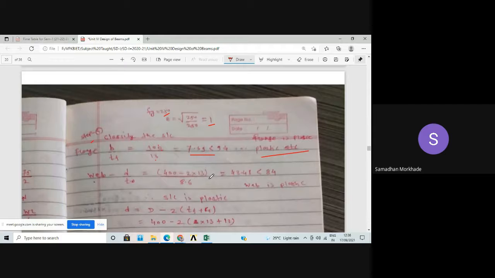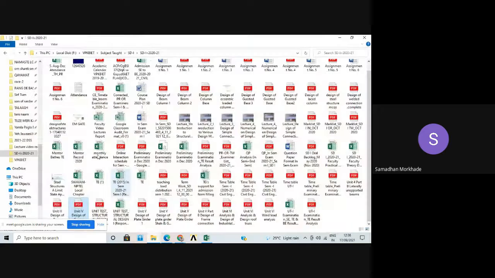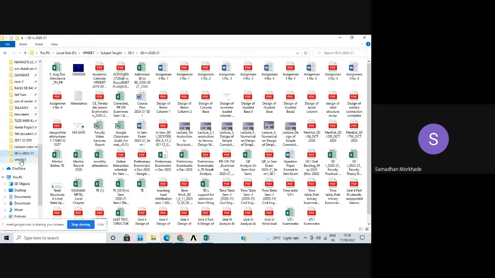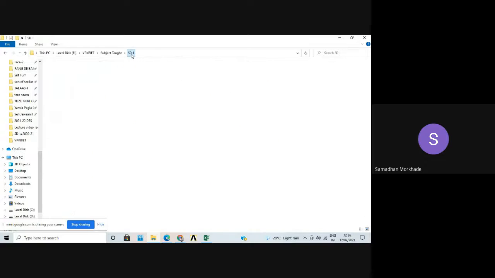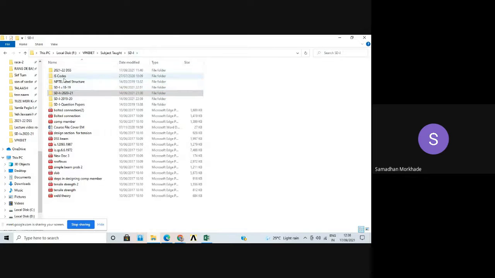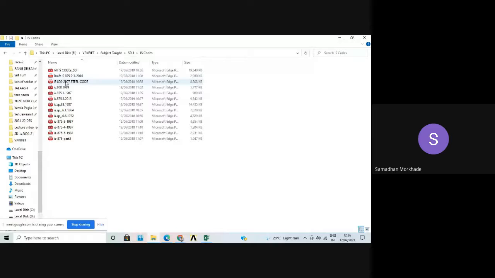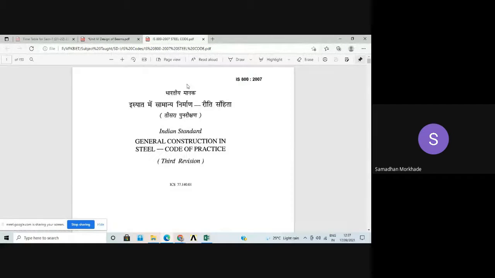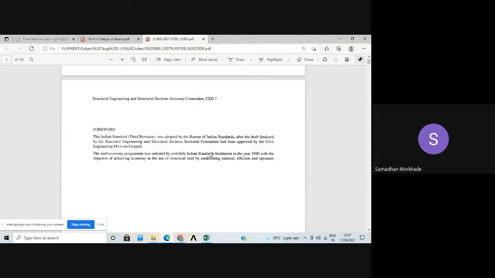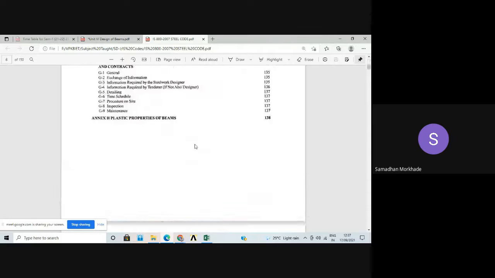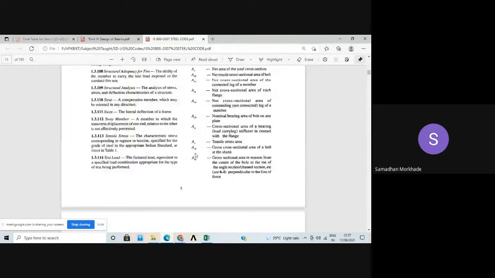So how have I taken that d? Just wait, don't get confused. I will open a copy of the IS code. The d by Tw about the web: IS 800 2007, table number 2, section classification, limiting width to thickness ratios.